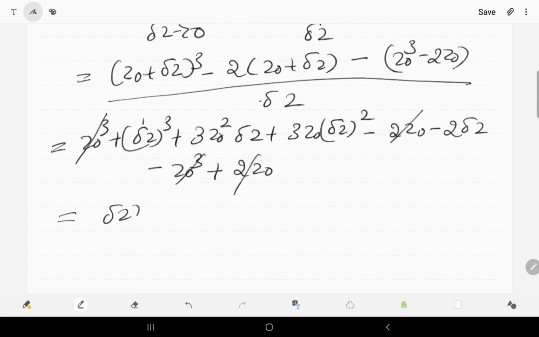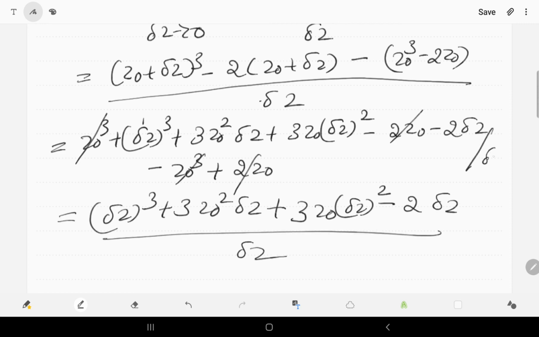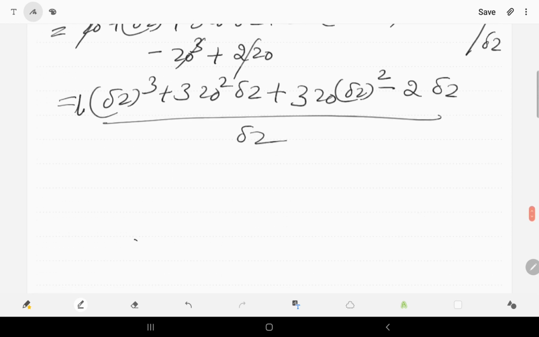delta z cube plus 3z naught square delta z plus 3z naught delta z whole square minus 2 delta z, divided by delta z, as limit delta z tends to 0.